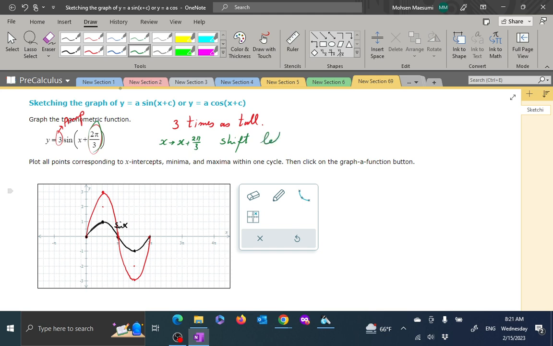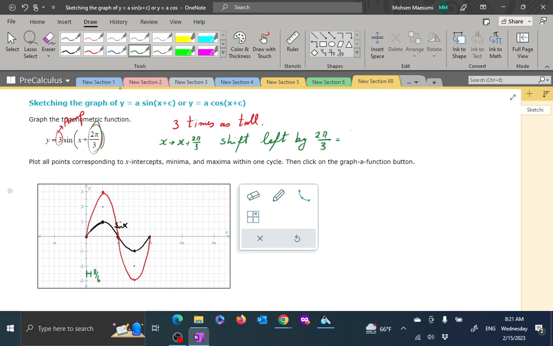If you remember, this is a shift to the left by whatever that number is, 2 pi/3. So once again, each of these blocks, you see conveniently, each of them is pi/6. So 2 of them becomes pi/3, and 4 of them becomes this.